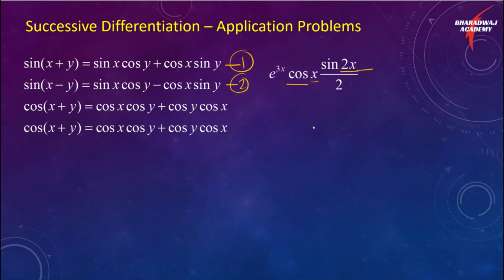So what do we get here? cos x sin 2x. We get it as sin(x+2x), which is 3x, minus sin(x−2x).